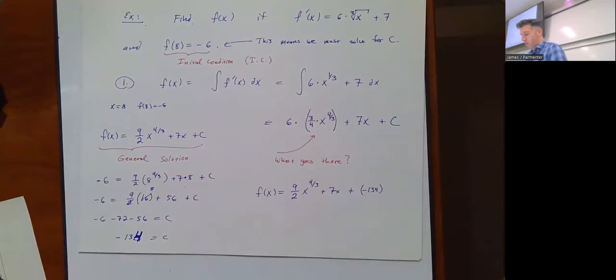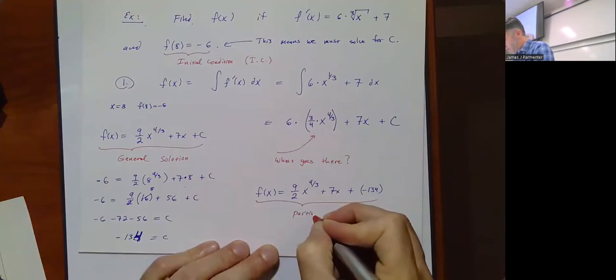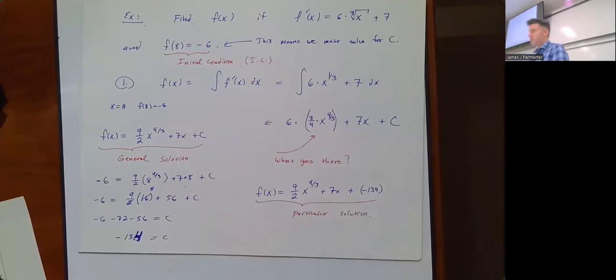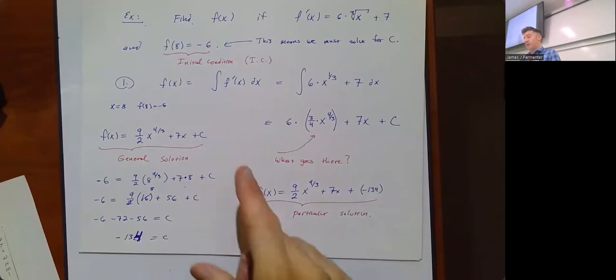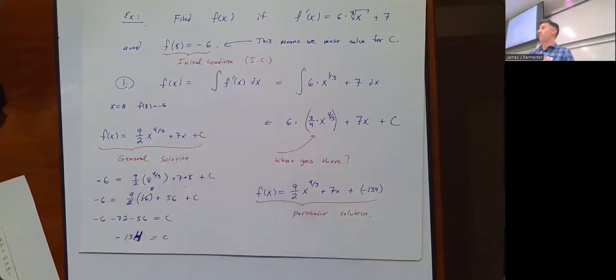That is our actual particular solution. So whenever you're given this extra initial condition kind of piece of information, that means we have to go do more work and find out what that constant value c is.